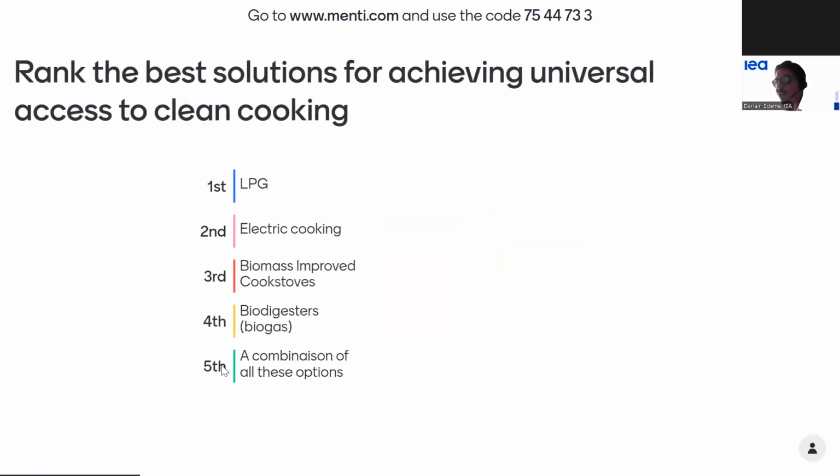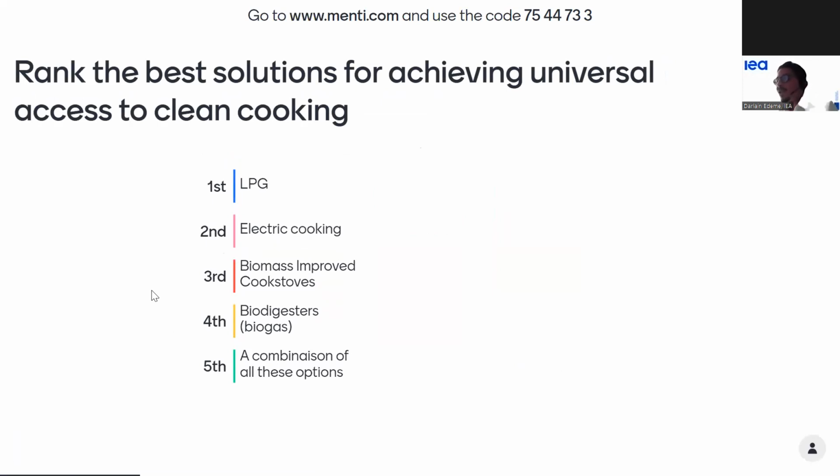So let's move on to the second question, which is a ranking question. What you're asked is to rank the best solutions for achieving universal access to clean cooking. You have 5 options: LPG, electric cooking, improved biomass cookstoves, biodigesters, which produce biogas, and a combination of all these options.